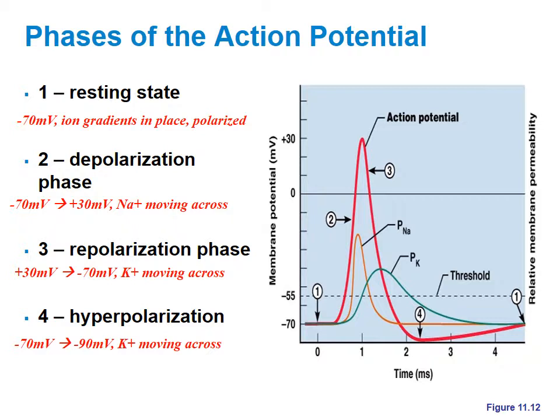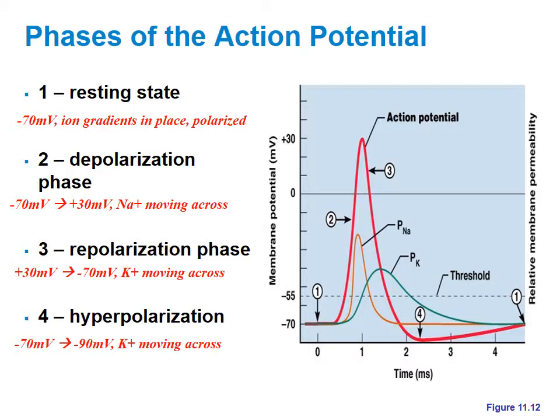We can even use a chart of millivoltage to track the events of the action potential. First, in the resting state, all voltage-gated channels are closed and the pump has created our gradients. Because the membrane has a charge of minus 70 millivolts across it, we say the membrane is polarized.